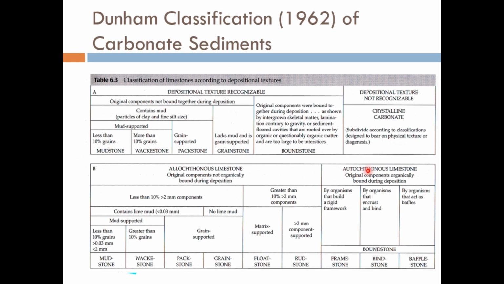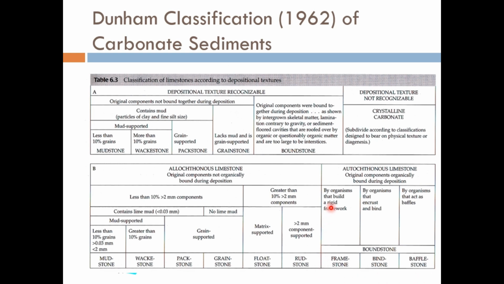This stuff here is when it has not been recrystallized, and then we have the allochthonous limestone with the simplified Dunham. And then if the particles get greater than 2 millimeters, we start using the terms floatstone and rudstone.